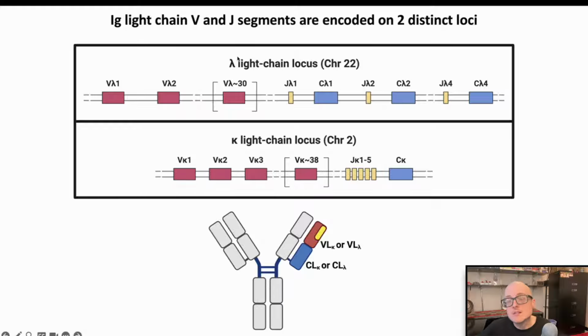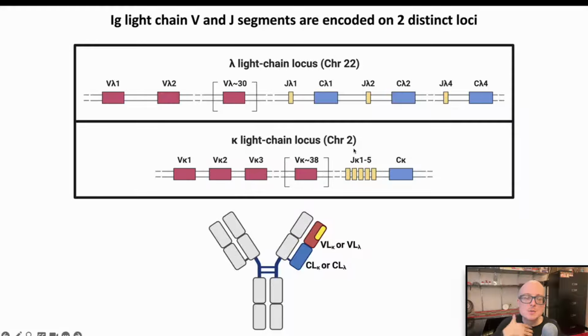So you can see that we have what we call the lambda light chain locus on chromosome 22. About half of antibodies use a light chain that is derived from genetic material encoded in the lambda locus on chromosome 22. And about the other half come from a separate locus that we call the kappa locus, which is encoded on chromosome 2.